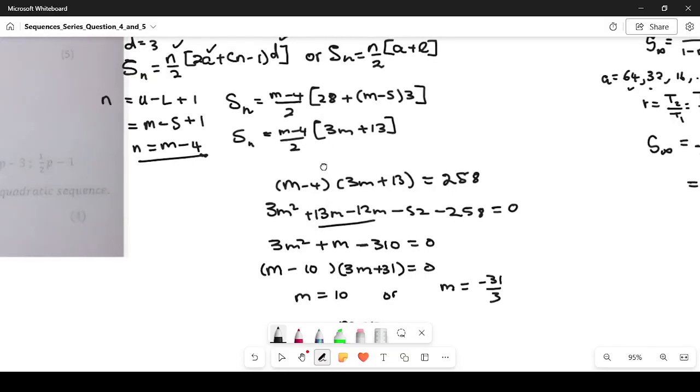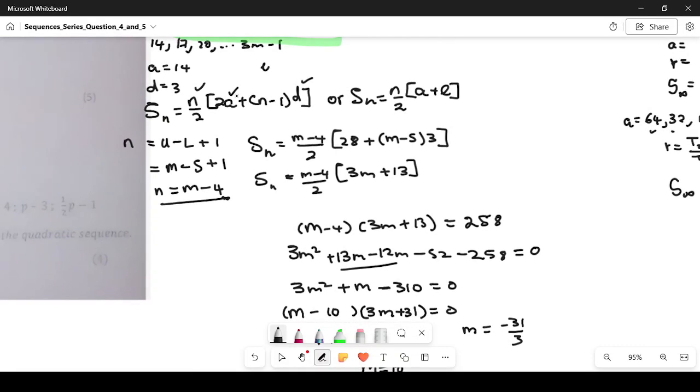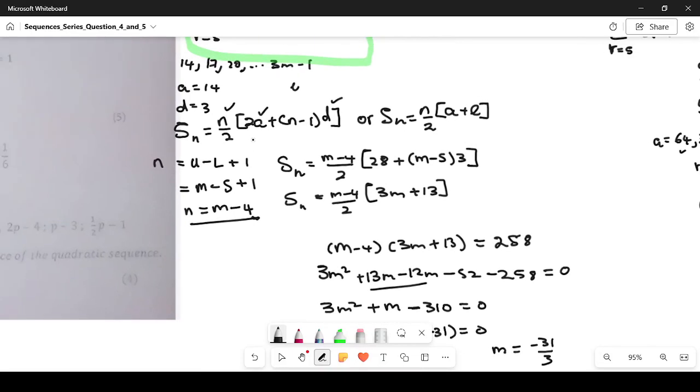You can just use this formula. And remember that initially your n was m minus 4. So instead of this, you can substitute, what is our m? Our m is 10. So for n, you can substitute n equals 6. And when you substitute n equals 6, you should at least find the sum as 129.